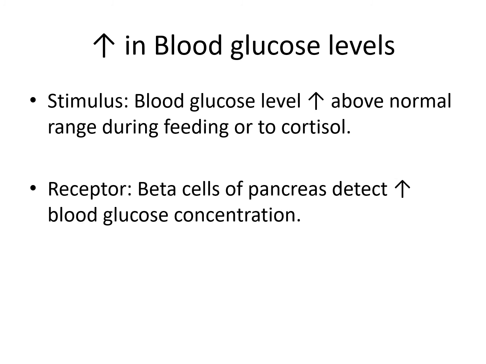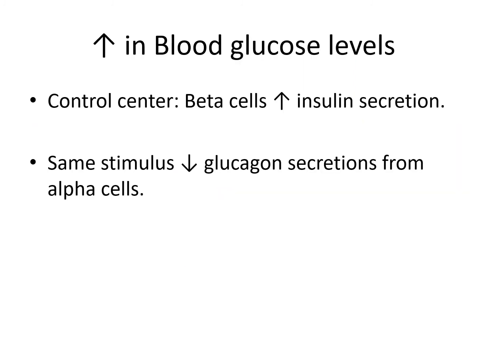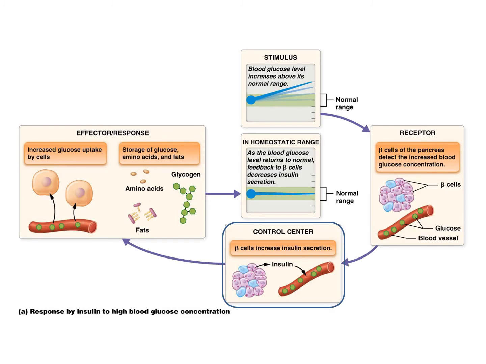The receptors are the beta cells of the pancreas that detect the increase in blood glucose concentration. So we see right here that the receptors are the beta cells, and the control center is also the beta cells that will increase insulin secretion. At the same time, alpha cells will inhibit glucagon secretion.